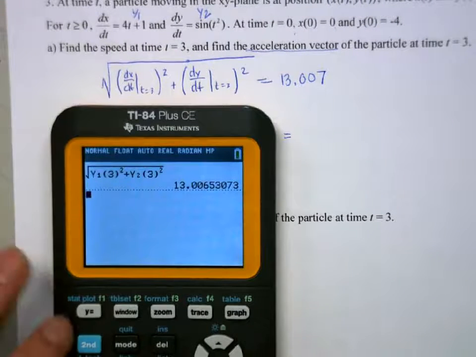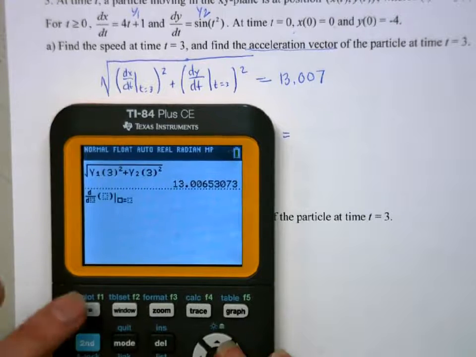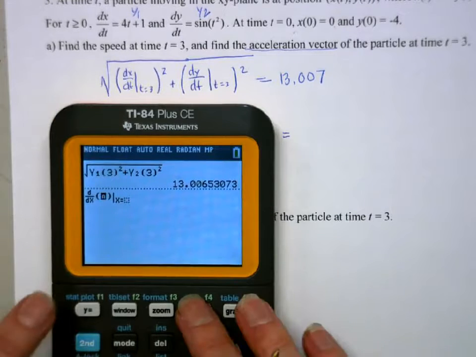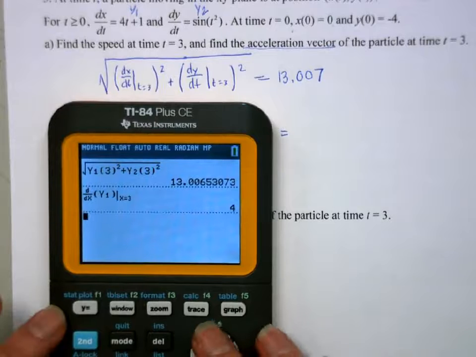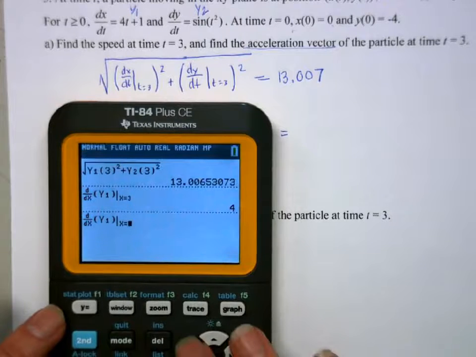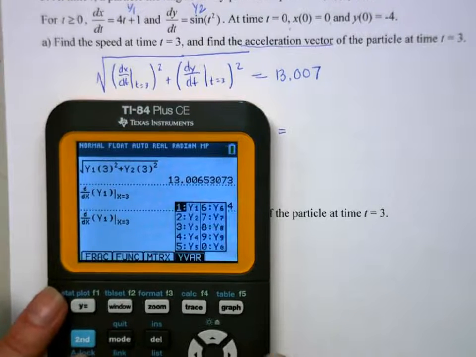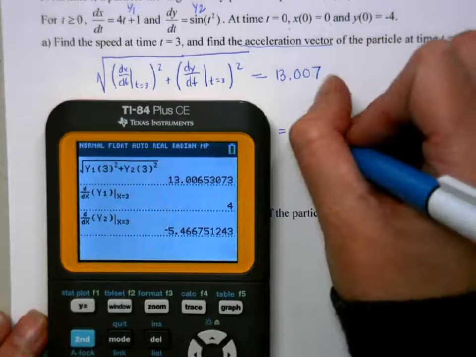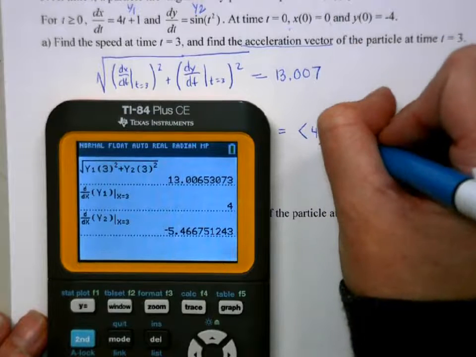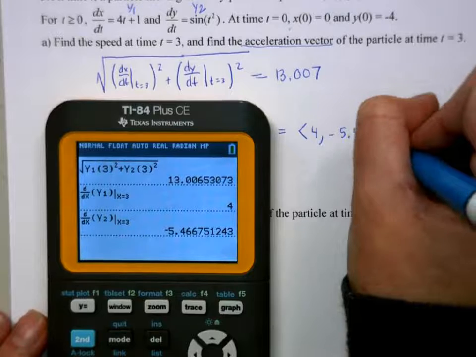So we're going to do the numerical derivative of y1 when x is 3. And I'll just go up and grab that, change y1 to y2. So to 3 decimal places, my answer is 4, negative 5.466 or 467, but make sure you get the 3 decimals.